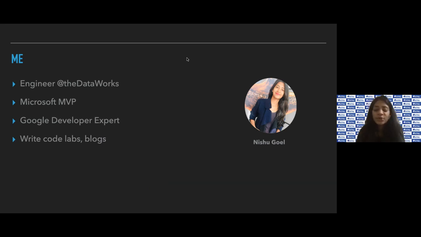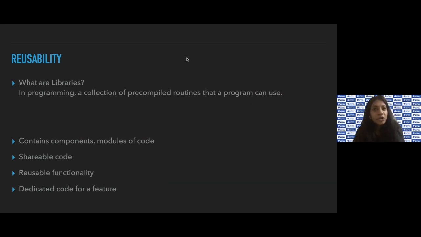So when we talk about libraries, first of all, we know that this is definitely something to do with reusability. We might need to reuse the project that we were building, or some component, or some particular feature that we want to carry to other projects of ours.